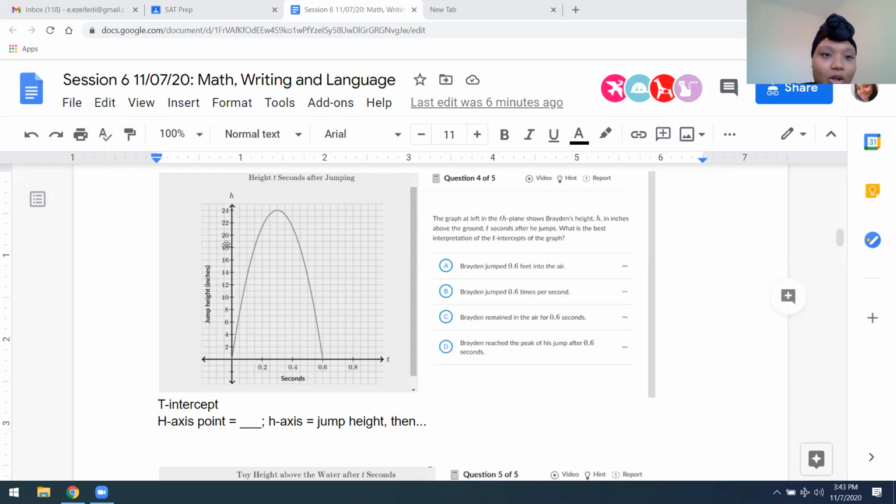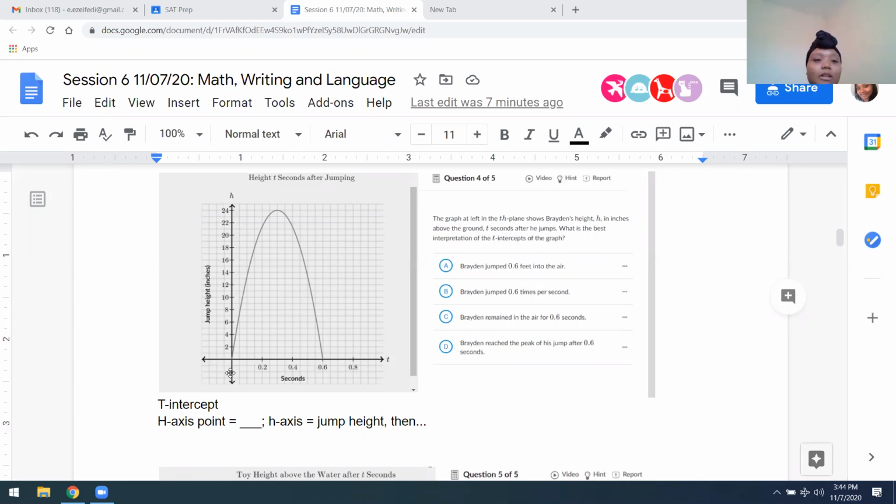So this is how tall the jump is, how many inches off the ground he jumps. Now the t-axis, the horizontal axis here, is looking at the time that's passing. So we're looking at how high the jump is and the time that's passing.